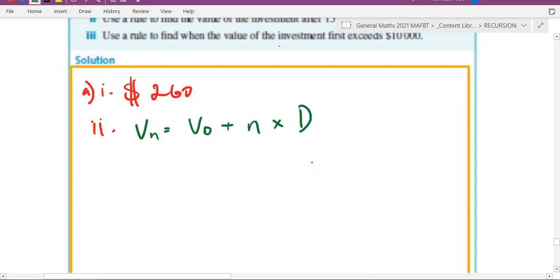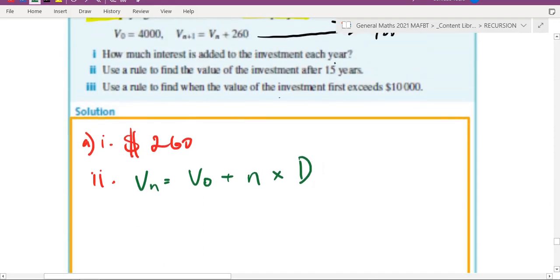According to this, we're looking for the 15th year. I already know that my common difference is 260, and my starting term is 4,000. So just put those numbers in your calculator or in your formula. V15 would be 4,000 plus, I'm looking for the 15th year, times 260.